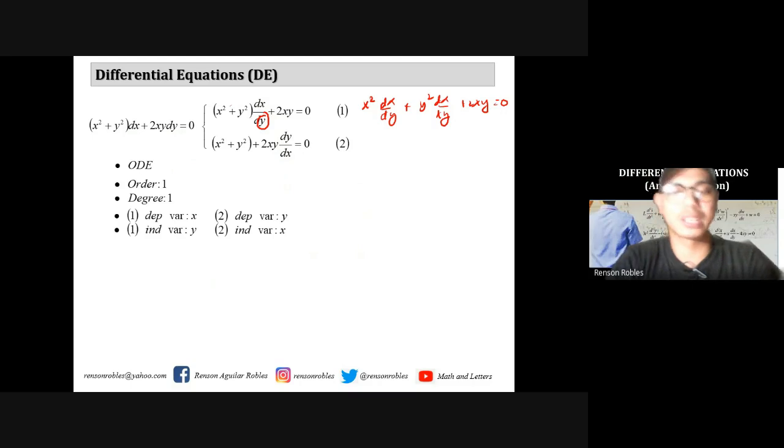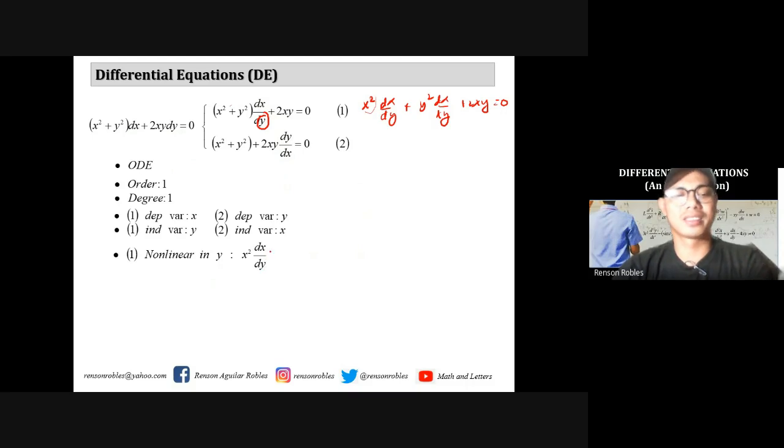What did you notice? There is a term containing dx/dy that goes along with x squared, wherein x is our dependent variable. So therefore, this is non-linear in y because of the presence of x squared dx/dy.